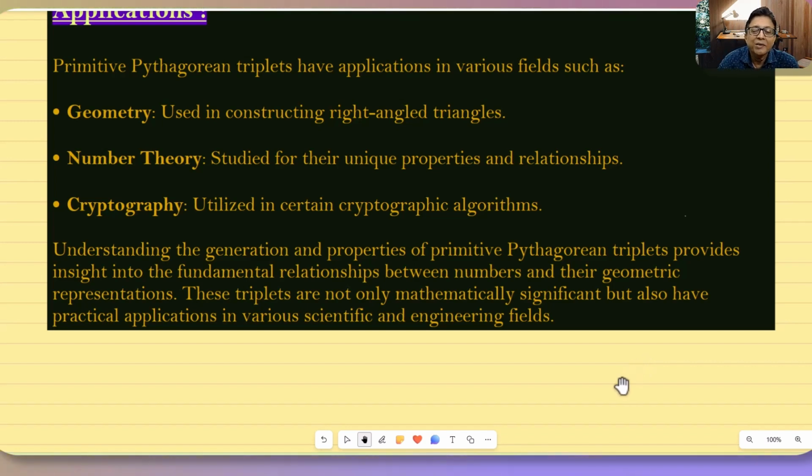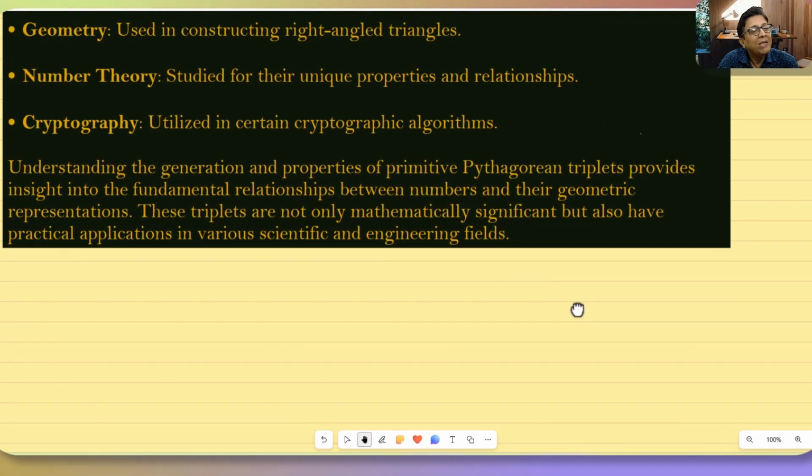Let us start with one simple problem. Because numbers and geometry you are going to relate, you must think whether the sides of a right angle triangle can be in AP or not. How many triangles can be generated whose sides are in AP and they are primitive Pythagorean triplets?